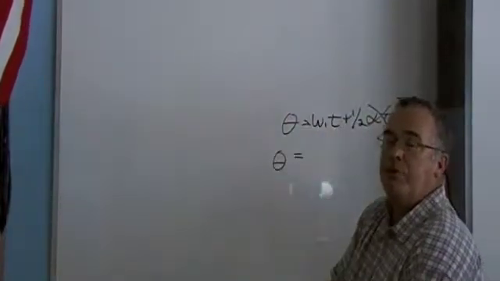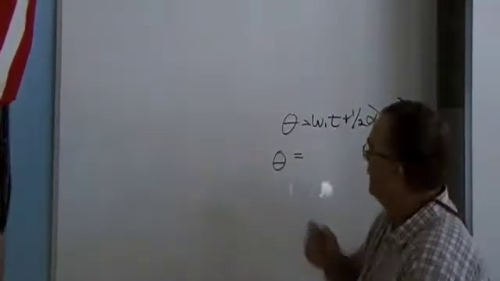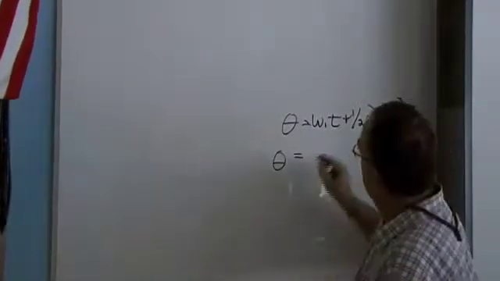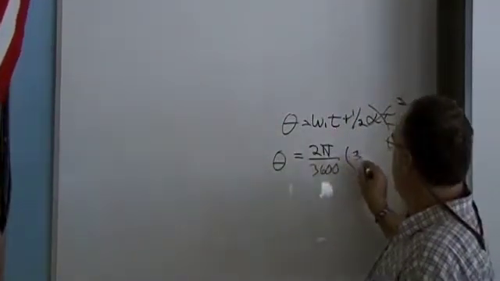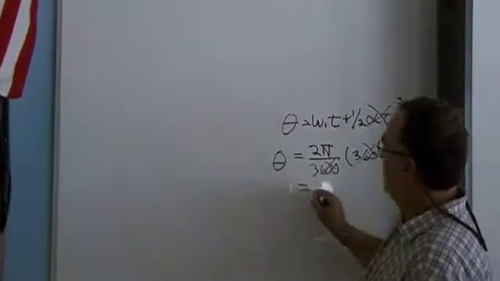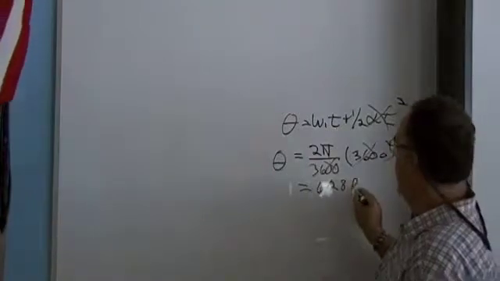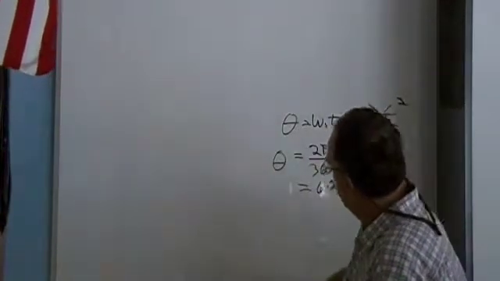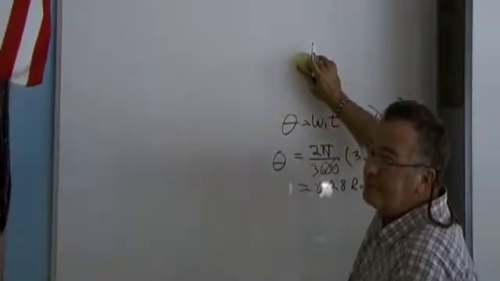It does one complete revolution in how many seconds? 3,600. Times 3,600. They cancel. 2 pi, 6.28. What are the units? Radians. Negative, because it's going clockwise. Because it is a clock.